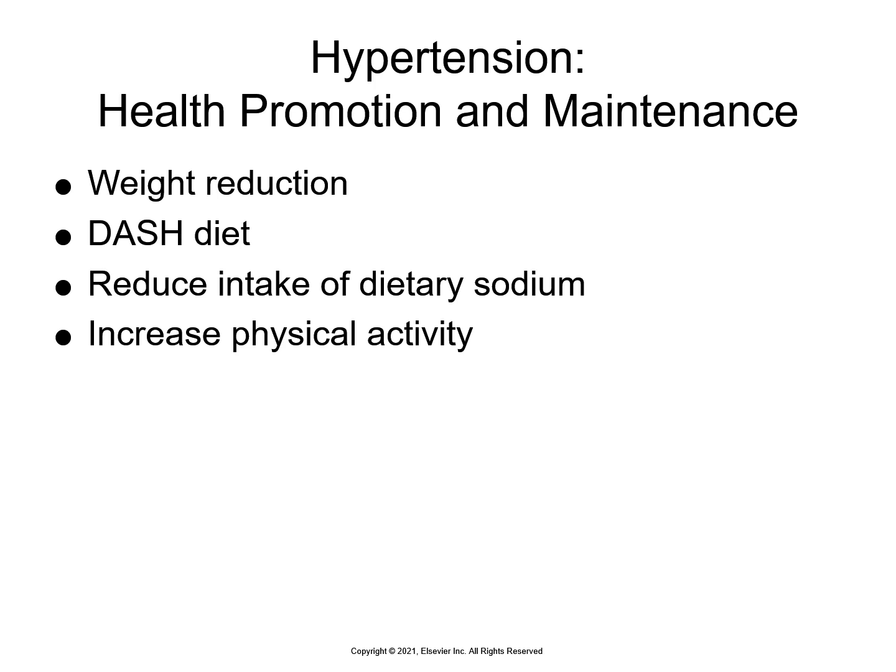Here are some health promotion and maintenance treatments or preventive measures for hypertension. There are evidence-based dietary and exercise practices that can help lower blood pressure. They should achieve some weight reduction through lifestyle changes, including calorie intake changes and increased physical activity. They can use the DASH diet, which is a diet that's high in fruits, vegetables, and low-fat dairy. They should enhance the intake of potassium, calcium, magnesium, and fiber.